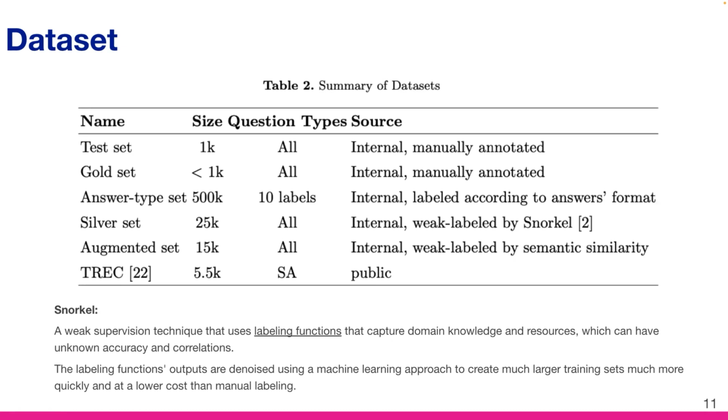Snorkel captures the information of the labeling functions and then designs a machine learning approach to create a much larger training set based on the correlation of those labeling functions. So it was helpful for us to increase the size of the training set for training the BERT model.